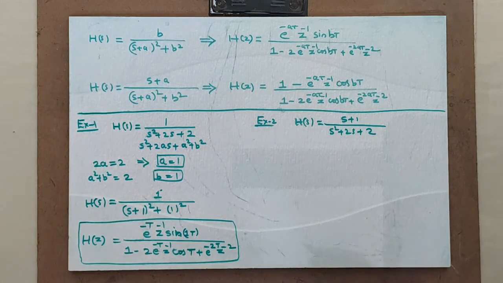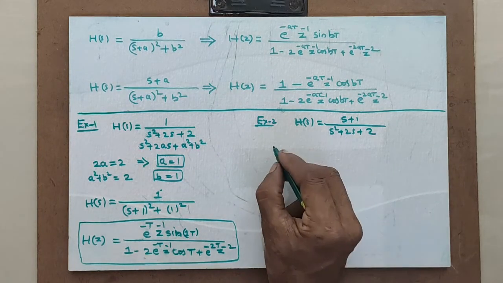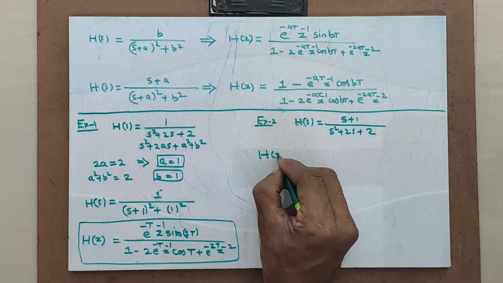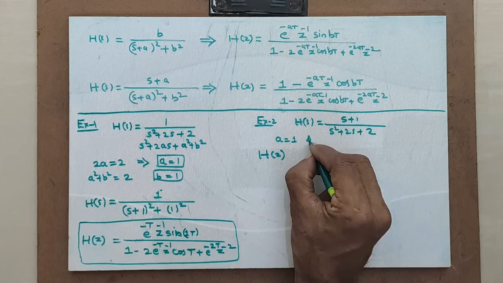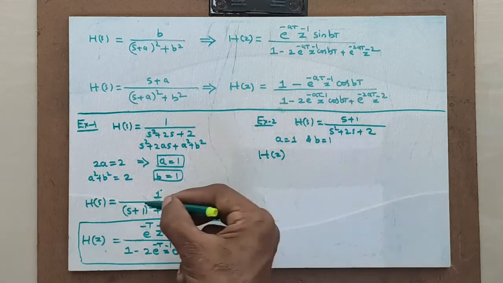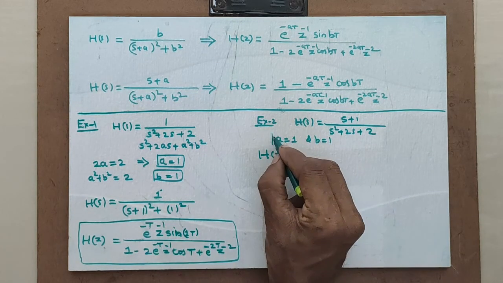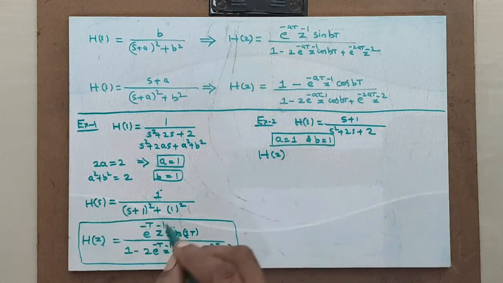Hence what you have to do is h of z. Anyway, in this a is equal to 1 and b is also 1, because it is the same example, so I am not solving for a and b; otherwise you have to solve for a and b.